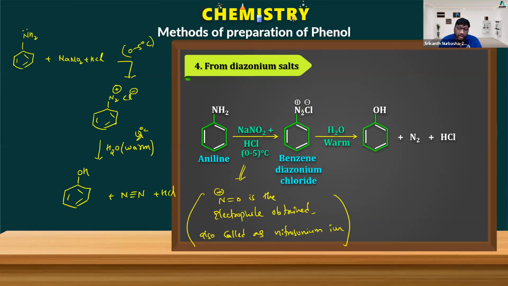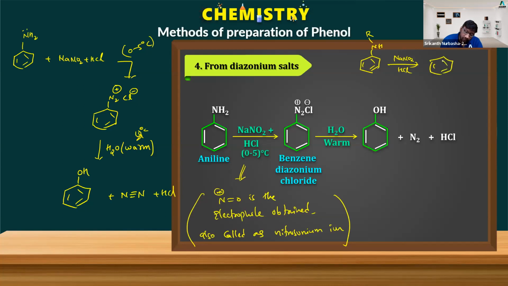If you take a tertiary amine, what happens? First, take this secondary amine, like instead of NH2, I take NHR. Treat with the same NaNO2 in the presence of HCl.